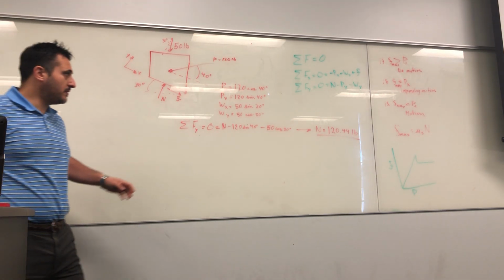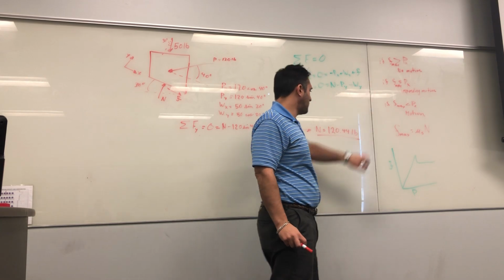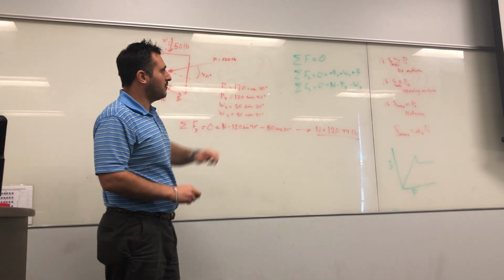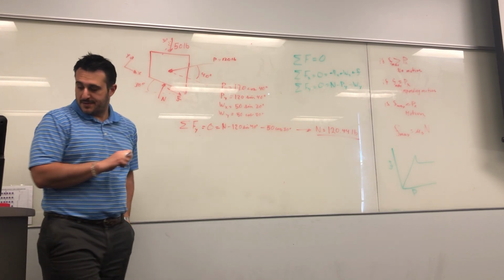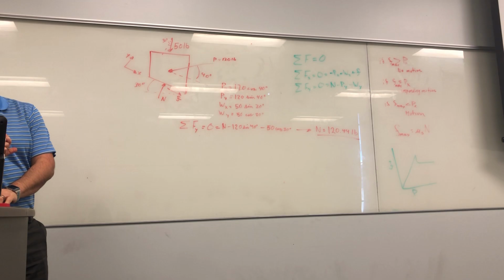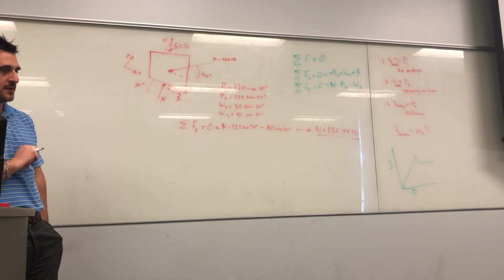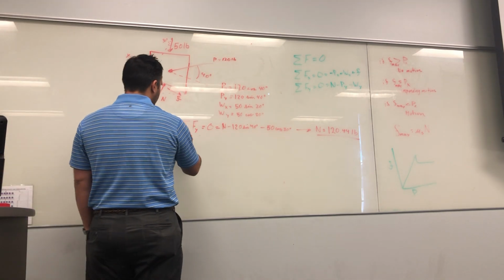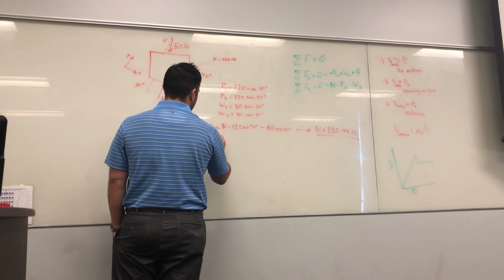Okay, so now that we have this written down, let's calculate what our frictional force comes out to be. We'll calculate F and then we'll calculate F max, okay? So if I sum my forces in the X direction, that's equal to 0.